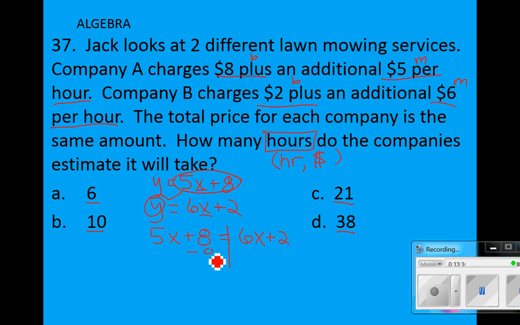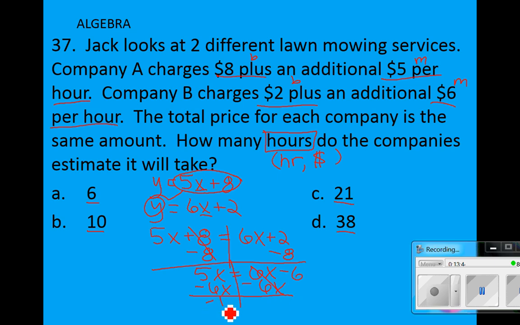So I'm going to minus 8, minus 8, bring down the 5x, 6x minus 6. I noticed that I only have one term on the first side, the 5x, so I'm going to leave it there. I have two terms on the other side, so I have to move one of those terms. And because I have an x on the first side, I'm going to move the 6x by subtracting it on both sides.